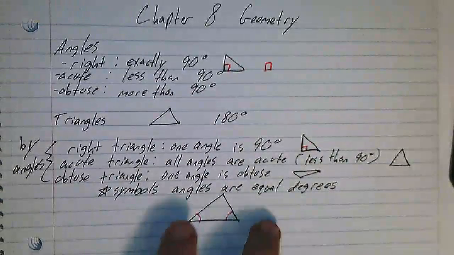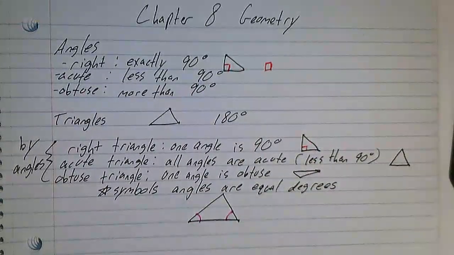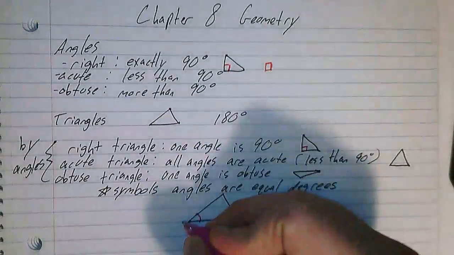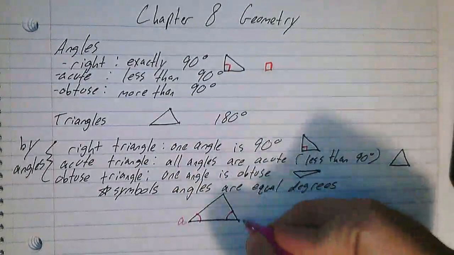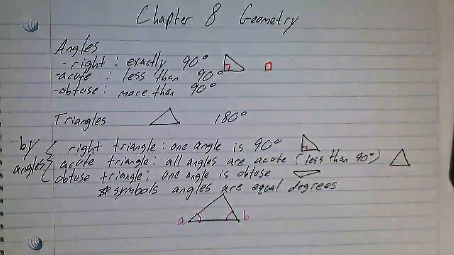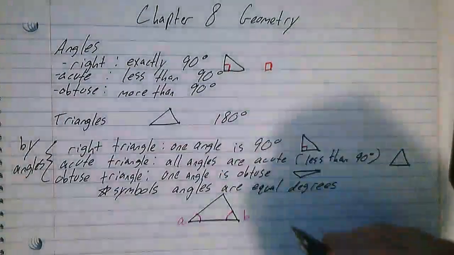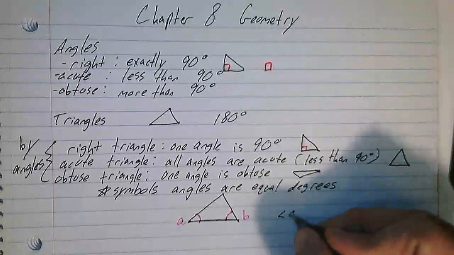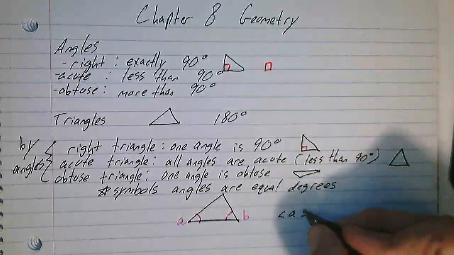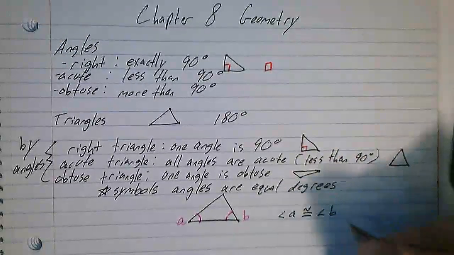And that shows us that these two angles are congruent. If we gave the angles letters, we could say here that angle A is congruent to angle B.